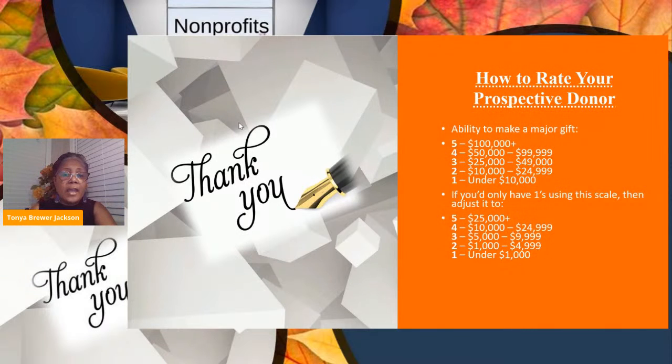Capacity and their ability. So the first section says if you only have ones, use this scale then to adjust. So what you would do is look at this 1 through 5 and say, okay, my donor has the ability to pay $50,000 to $999,000, but they have the capacity, which is totally different.